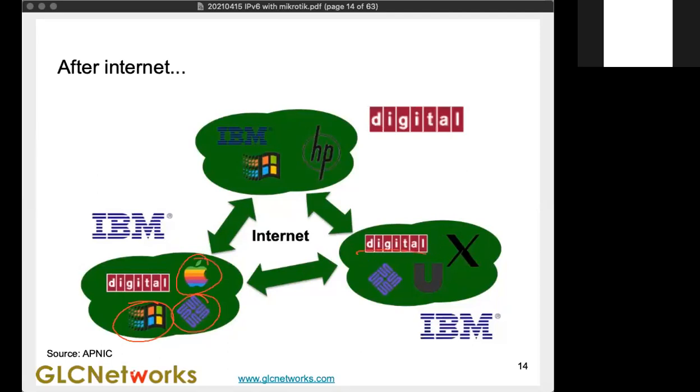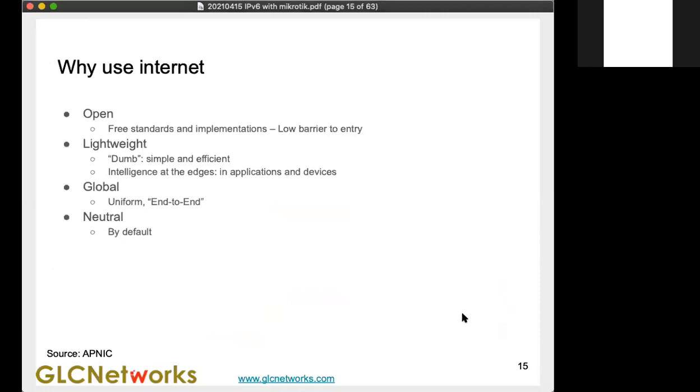This is Digital. This is X. This is Unix. If you are old enough, I'm sure you understand these logos. So the internet is open, lightweight, global, and neutral. It's supposed to be neutral because what we need is just to make communication.